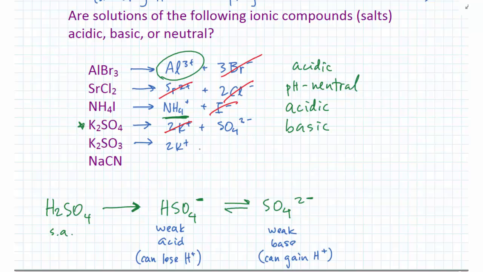K2SO3. You could do a similar sort of thing for sulfite. The difference here is that sulfite is a weak acid, so this can go both ways. If you ended up with HSO3 minus, it could go either way, depending on the circumstance. We'll have to calculate that later on. But over here at this end, whether it's sulfate or sulfite, there's only one thing we can do.